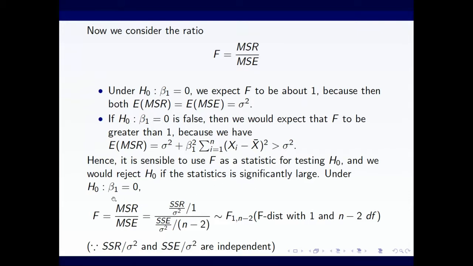So under beta 1 equal to 0, MSR divided by MSE is equal to SSR over sigma squared divided by 1, and SSE over sigma squared divided by n minus 2.